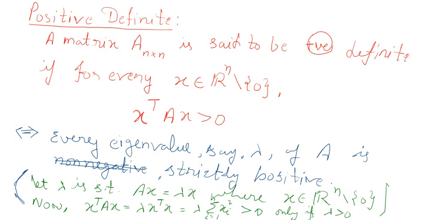And you know that the determinant of a matrix is equal to the product of its eigenvalues. So if all the eigenvalues are non-zero, the matrix is non-singular. So a matrix is positive definite if and only if every eigenvalue of the matrix is strictly positive.